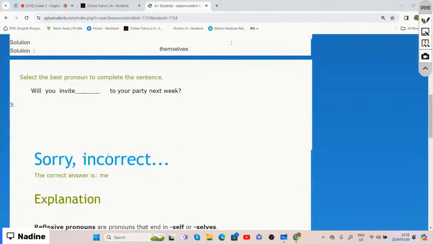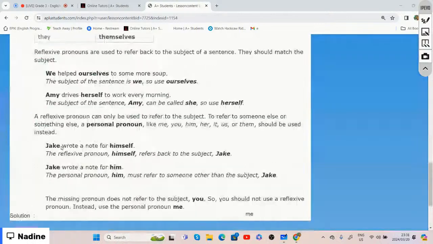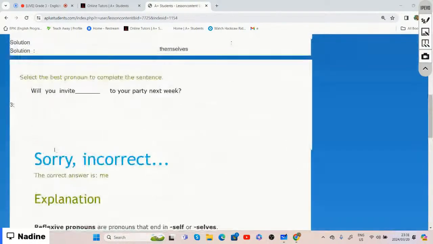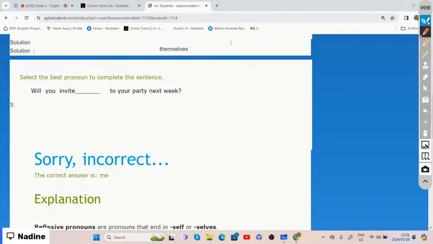So will you invite to the party next week? If I'm asking PK, for example, right, if she's going to invite to the party next week. So it says, will you invite to the party next week? Yes. So we will then say, will you invite me to the party next week?